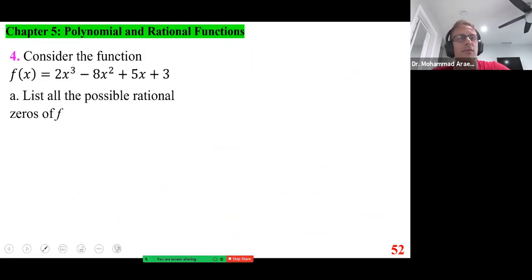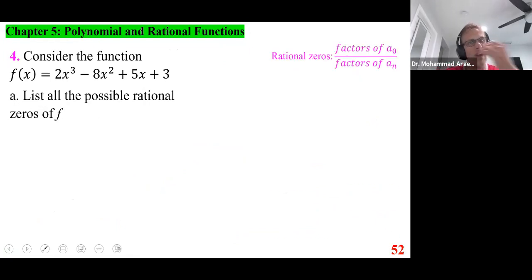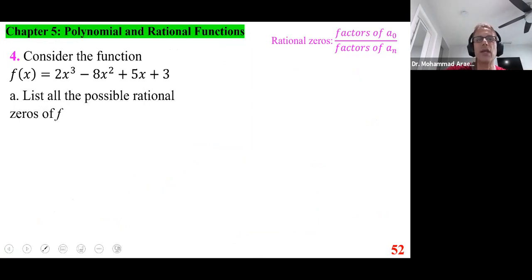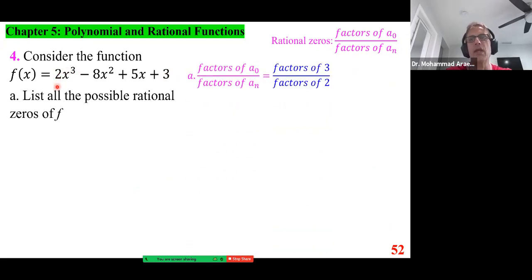We are given the following function. We want to list the possible rational zeros. If you recall, the way we find it, the rational zeros are factors of a sub 0, in this case number 3, over factors of a sub n, in this case number 2. So factors of 3 are 1 and negative 1, 3 and negative 3.